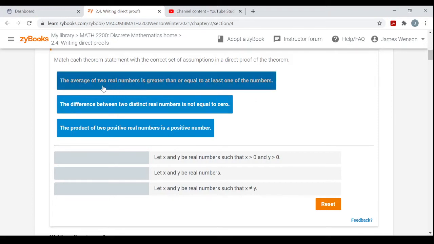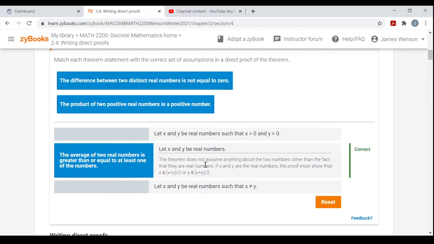This is saying, if I have two real numbers, then the average of those numbers will be greater than or equal to at least one of them. So I'm only starting here with two real numbers. I'd simply start off with the assumption that x and y are real numbers, right? That's it.